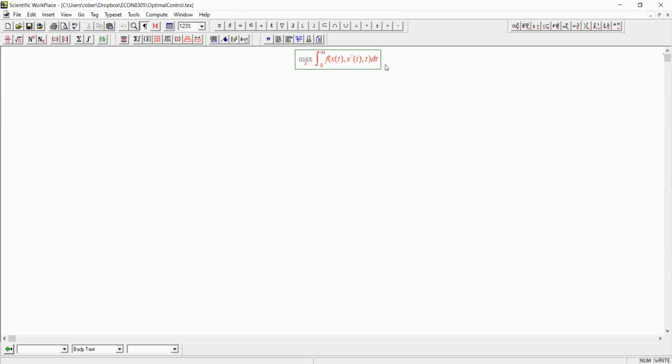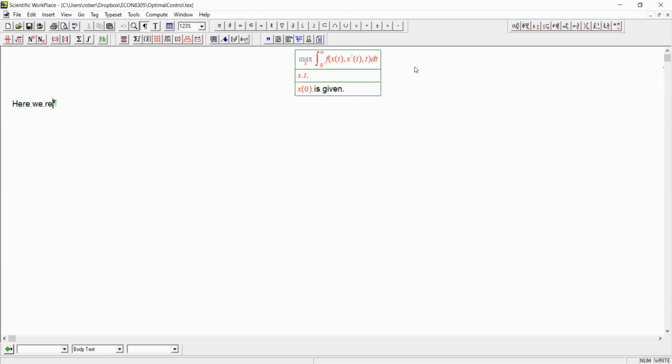So this is the problem that we're going to deal with. Now, one thing that's going to be analogous to the problems that we used earlier in discrete time is that there is going to be one constraint here, which is that the initial value of our state variable is given. So you don't have control over that.